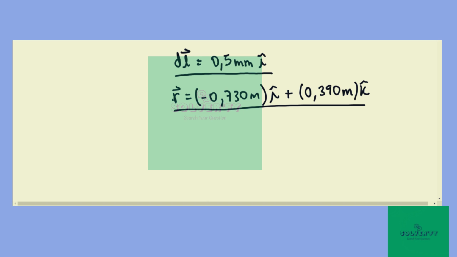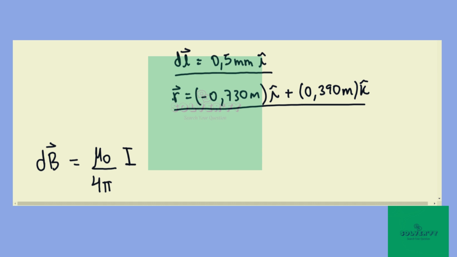So to find the magnetic field, we use that the differential magnetic field vector should be equal to mu sub 0 over 4 times pi, times the magnitude of the current, which we are also given, and it is 5.40 amperes.